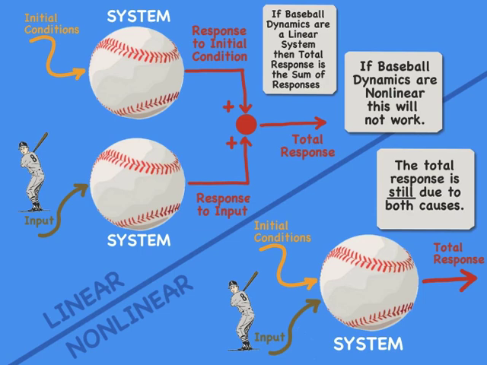If the system is nonlinear, the total response is still due to both of the causes, the initial condition and the input. But the total response cannot be found simply by adding together the two motions. For the nonlinear system, this superposition does not hold.